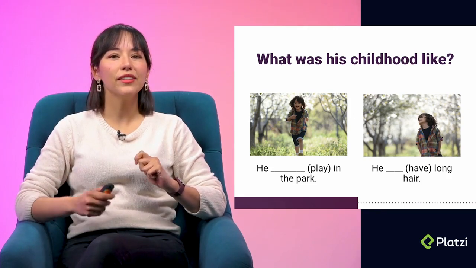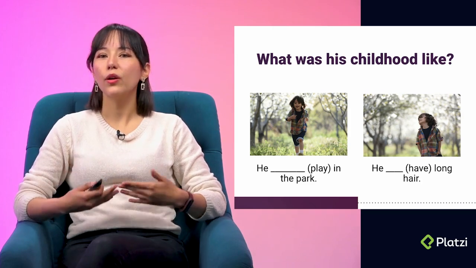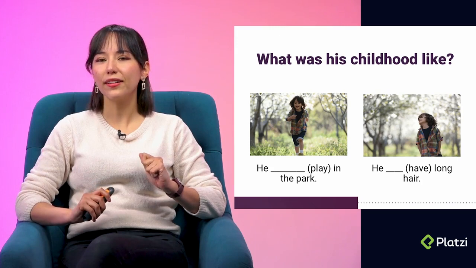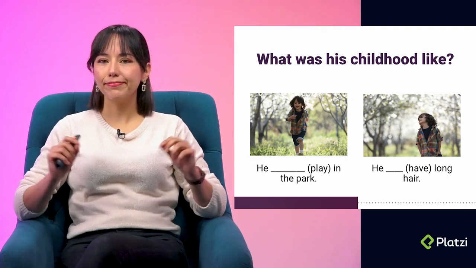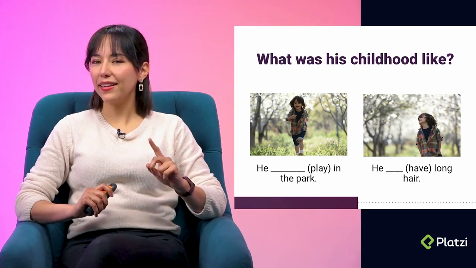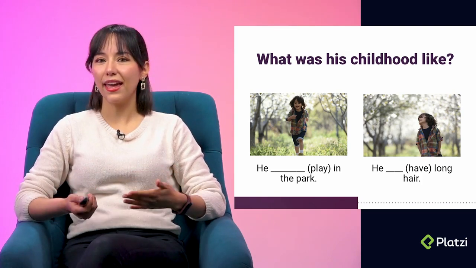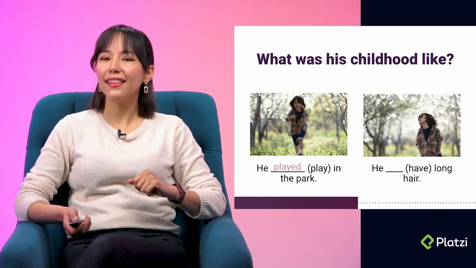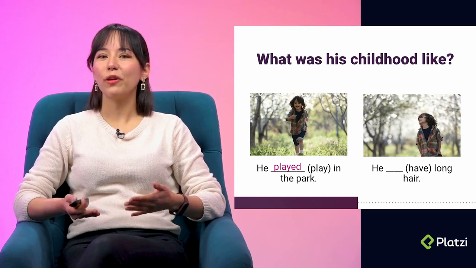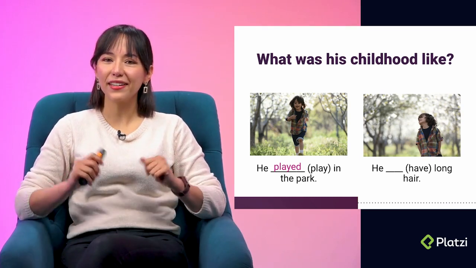And I have two sentences that tell me a little bit about what his childhood was like. In the first one, he, blank, in the park. We already practiced using this verb. It is a regular verb, play. He played in the park. Now we know that when Joshua was a child, he played in the park.